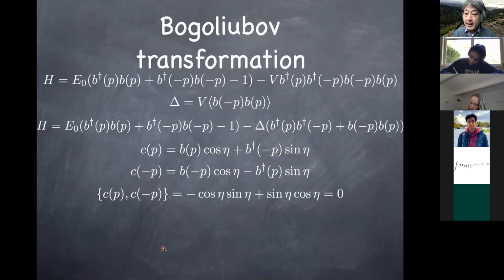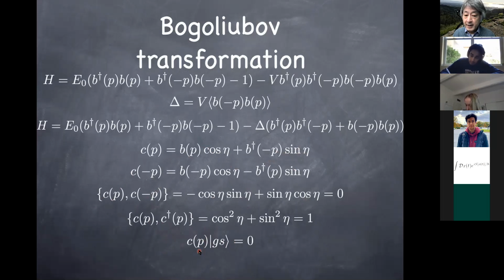cc anti-commute, cc dagger is 1, thanks to the properties of the sine and cosine functions. Then your ground state is defined by a state annihilated by the annihilation operator c. And that actually turns out to be precisely the combination we talked about on the previous slide, which is a linear combination of vacuum state 0 and the b dagger state.